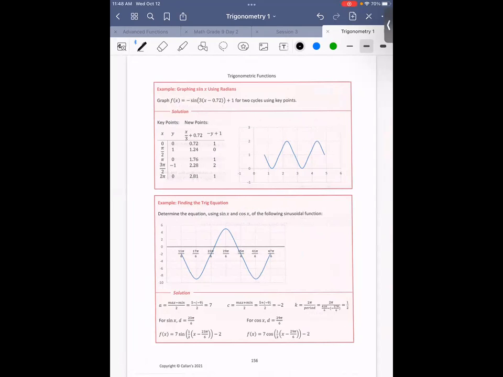For example, in this first example, instead of sine, you have minus sine of 3 times x minus something, plus 1. And you know what this means. You are just doing some combinations of vertical and other transformations, right?